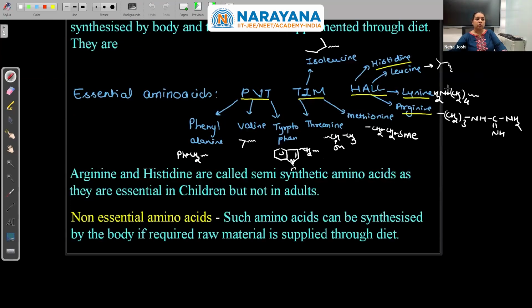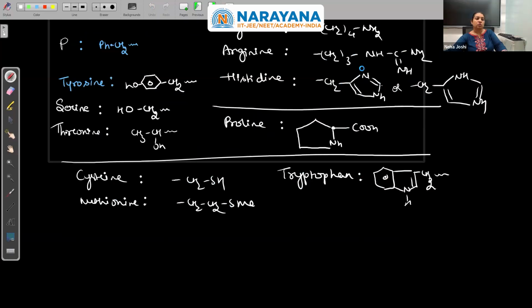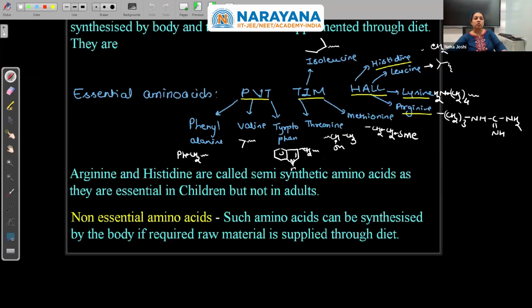Okay. So what was histidine? Histidine, in which we had connection with CH2. Then from the point of linkage, one side is nitrogen, one alternate position nitrogen, right?